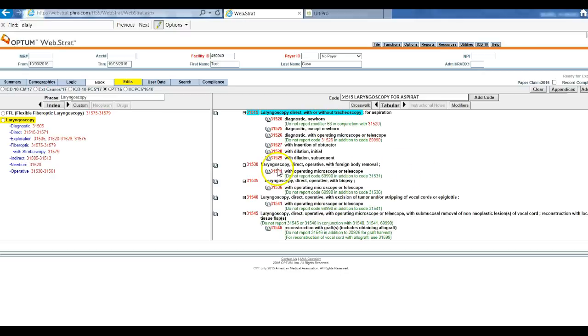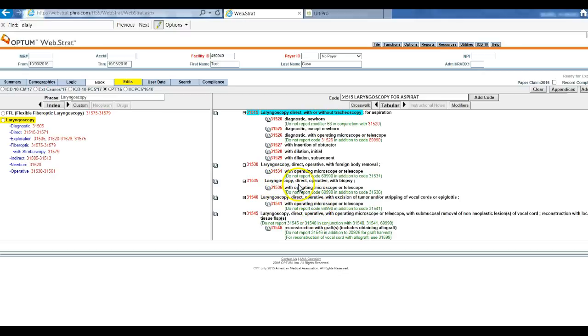So let's look at all of these to see if they make sense. This code is referencing foreign body removal. He removed the mass, but it wasn't a foreign body. And then the code indented underneath is the same, but it's just the code with the operative microscope or telescope. So this code does not apply.